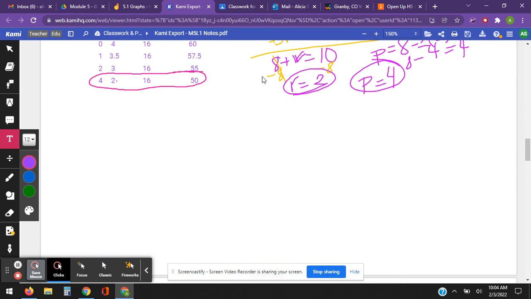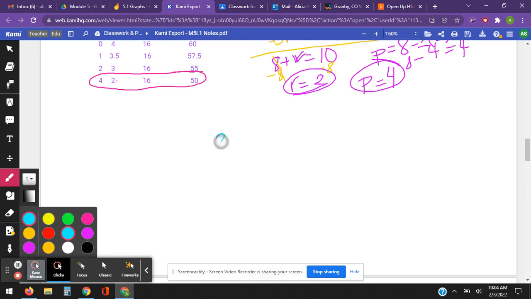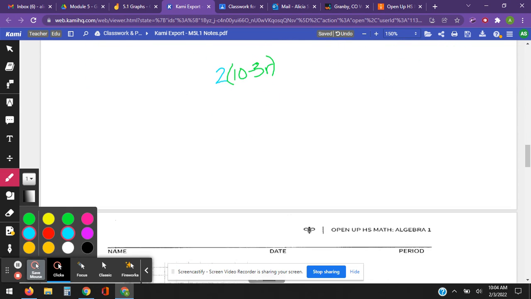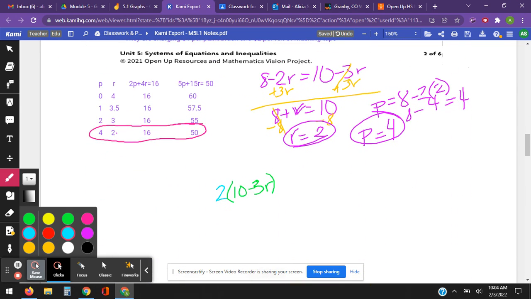So what I mean by that is let's just say the green one. So I solved for P there, but then instead I would put it in for P up here. So what that would look like is, I'll use my colors so you can see, 2 times 10 minus 3r, and then it was plus 4r equals 16. So instead of putting in p, I put in what p equals, 10 minus 3r.